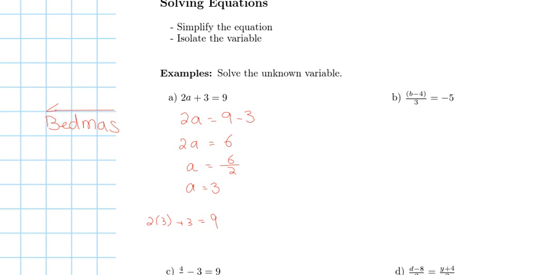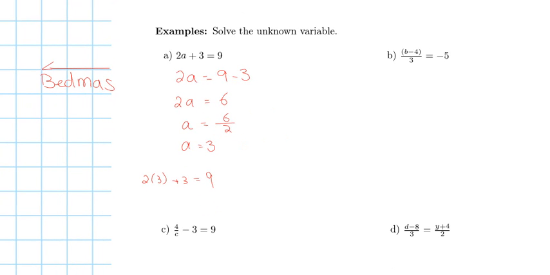So this is not part of your solution. This is just checking your work. Okay? 2 times 3 is 6 plus 3, and 9 is equal to 9. That means my left side is equal to my right side. I'm good. Okay? So this is just an extra step for you to make sure that your answer is correct.